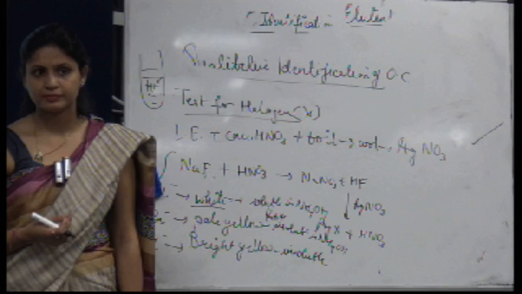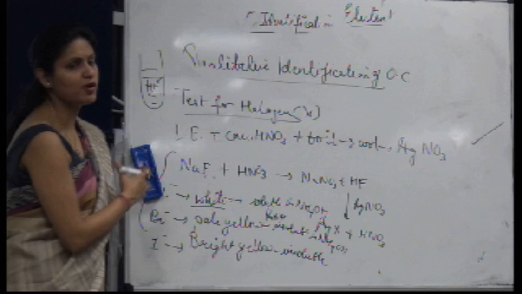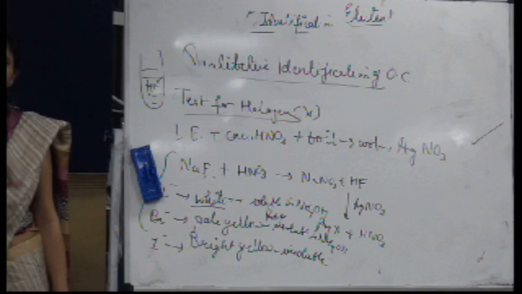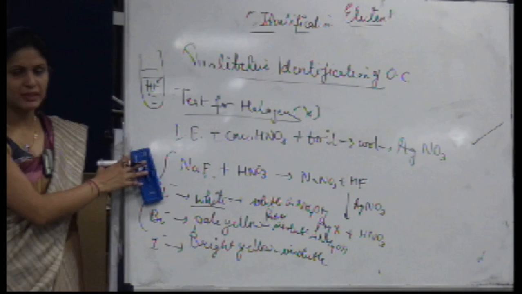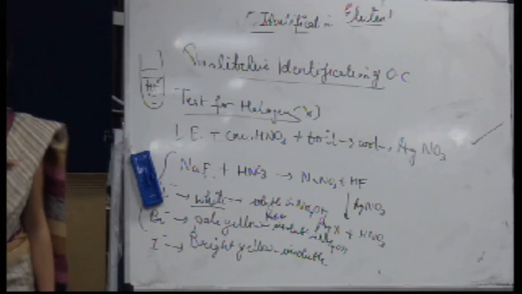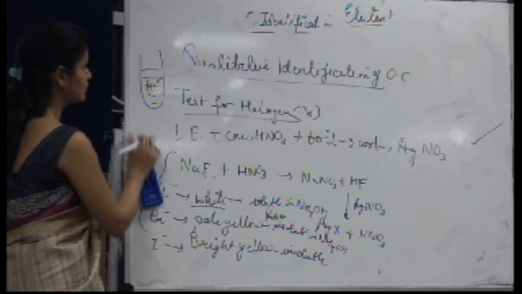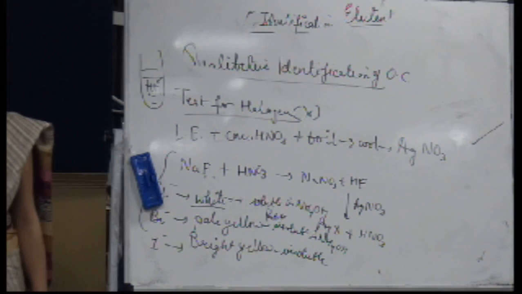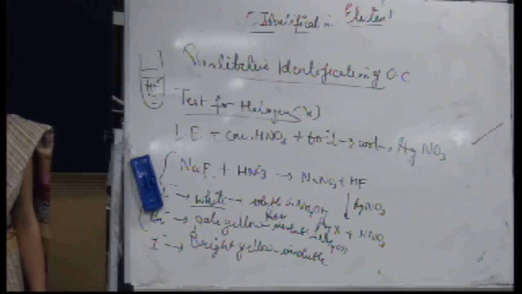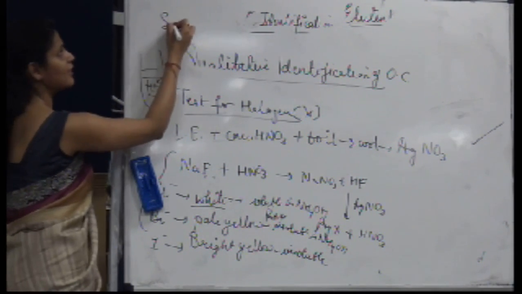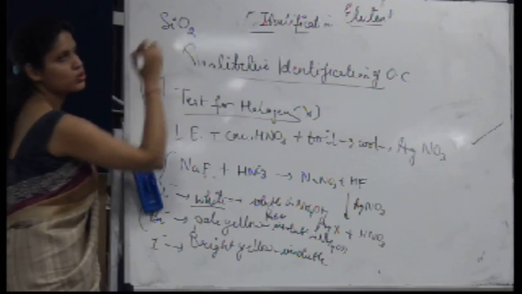There are other tests for fluoride which we have not incorporated here, but otherwise hydrofluoric acid will react with the glass, because glass is silica only. You know na, glass is made of silica, SiO2. How many of you know this? Any glass is made of silica.